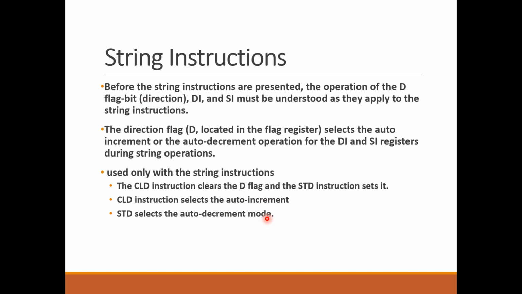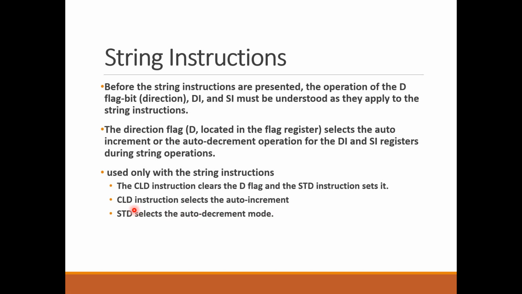We know that in 8086 main memory, the locations are holding only 1 byte. So any string may consist of more than 1 byte. So it can take more than one memory location, and we need to know in which direction we are going to read this memory location.